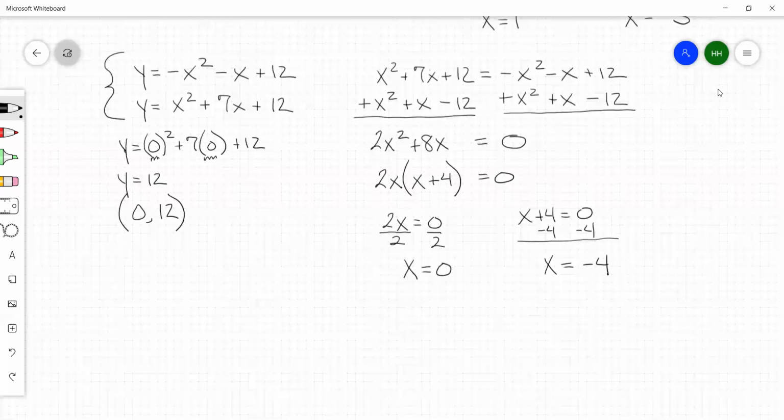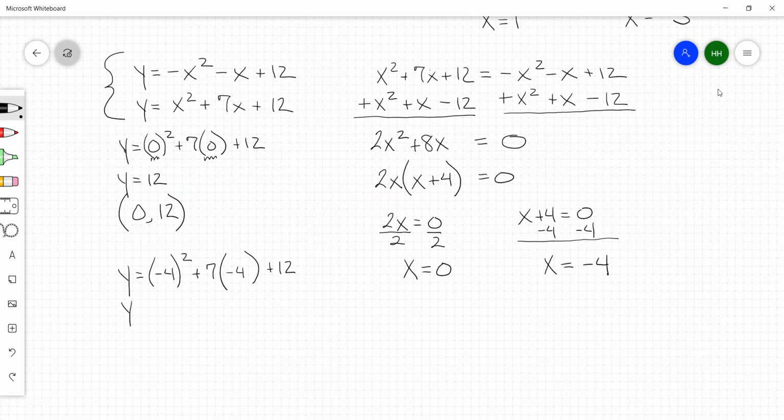Then you substitute the negative 4. So your y would be equal to negative 4 squared plus 7 times negative 4 plus 12. So your y when x is equal to negative 4 would be 16 minus 28 plus 12. 16 minus 28 is negative 12, plus 12, that would be 0.